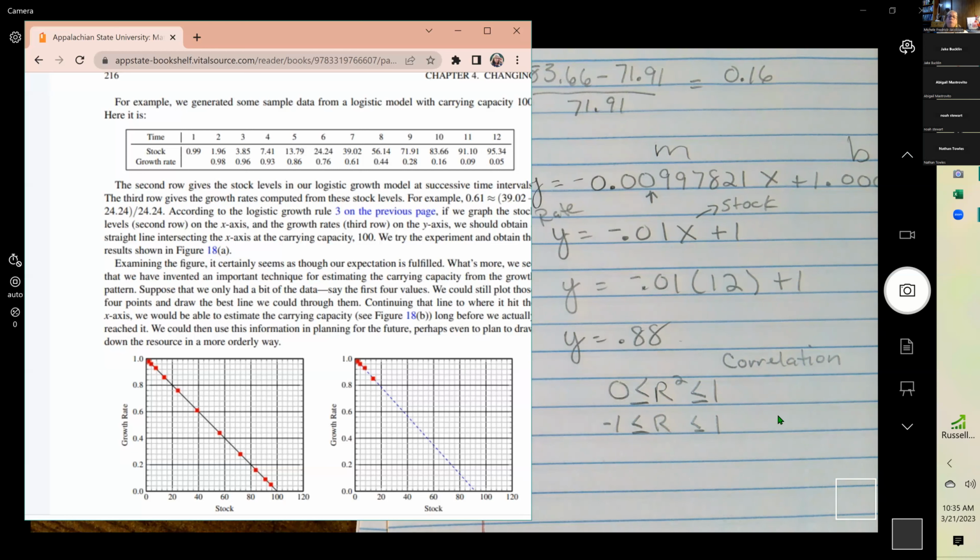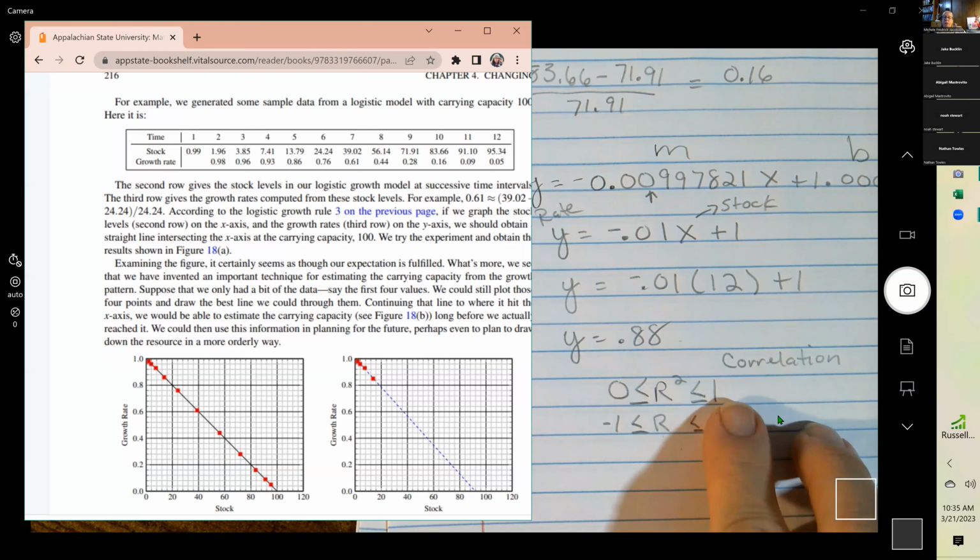Some programs don't give R. For instance, if we did this on Excel, it only gives R squared. But R gives you a little bit more information. But the closer to 1 or -1, in this case, the stronger it is. Closer to 0, the weaker. Here, 0's weaker, 1's strongest.